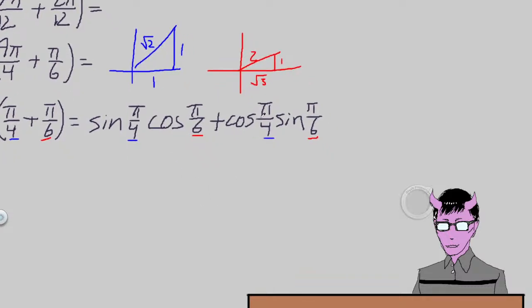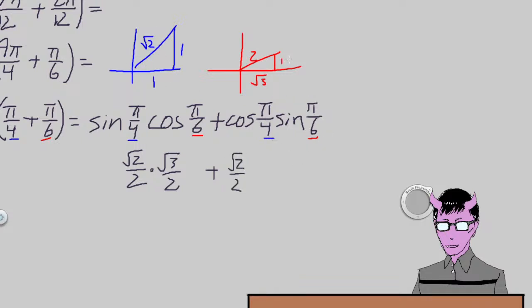And now let's just get to evaluation. So sine of the blue one is 1 over root 2, which is root 2 over 2. Cosine of that one is root 3 over 2. Familiar combo. Cosine of that one is just root 2 over 2.